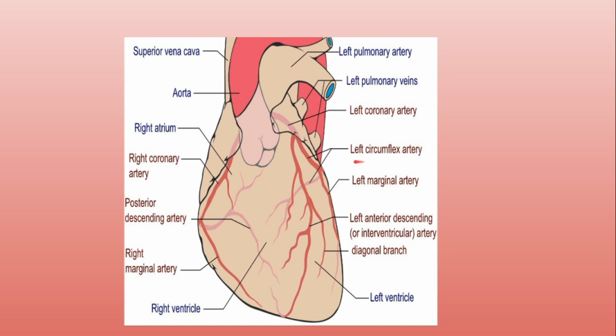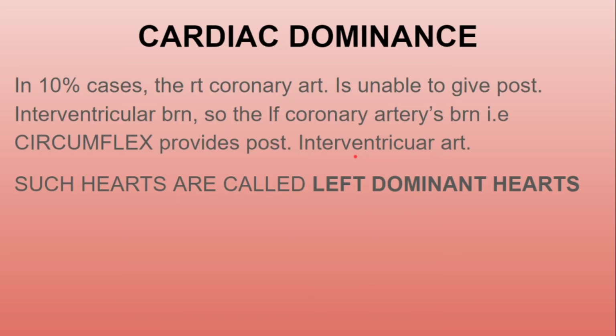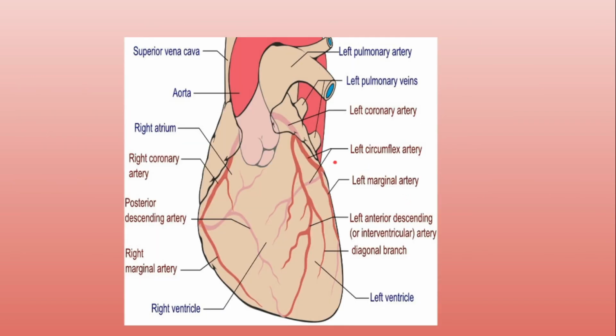So in this case, the circumflex artery, that means the branch of the left coronary artery, provides the posterior interventricular branch as well as the AV node. Such cases are called left dominant, because in this the left coronary artery provides the posterior interventricular branch, as the right one is not able to give this. Such hearts are called left dominant. Mostly the right coronary artery gives the posterior interventricular artery, and such hearts are called right dominant hearts.